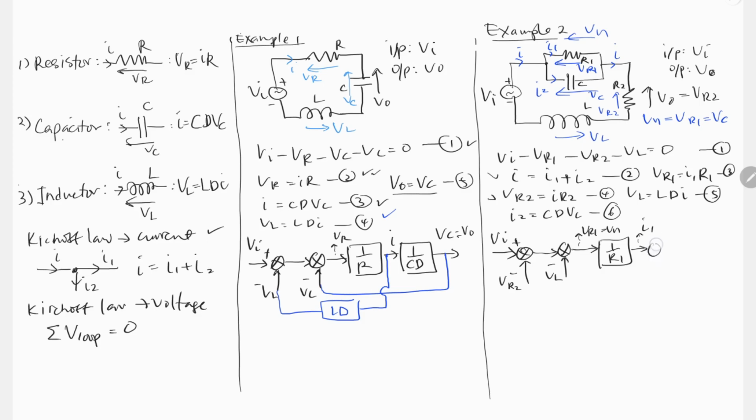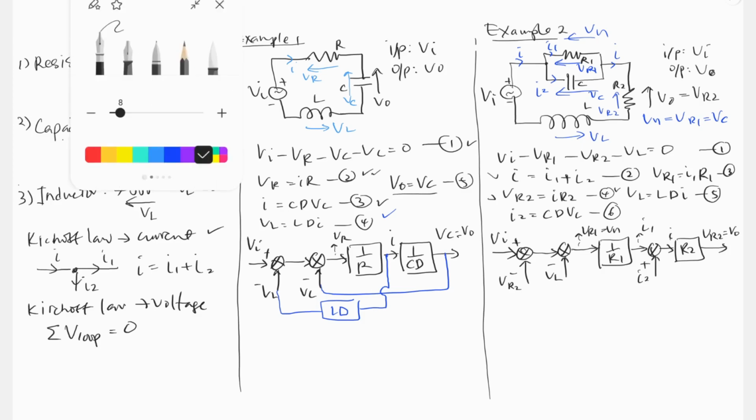You add I2, and the output is I. Then equation number 4 has us multiply I with R2, so we have VR2 or V0. So that is the fourth path.